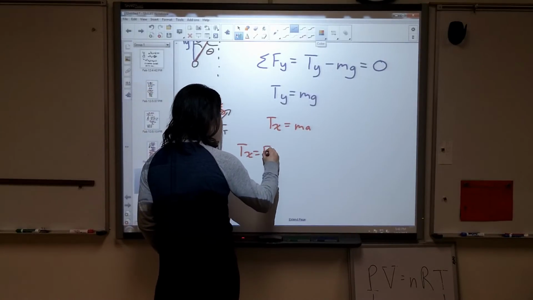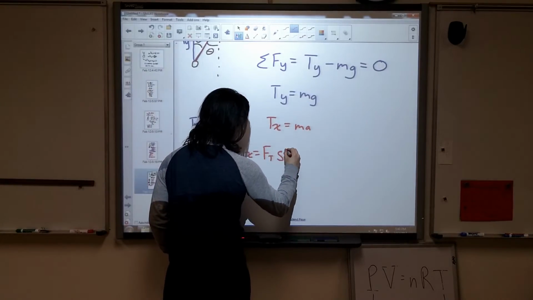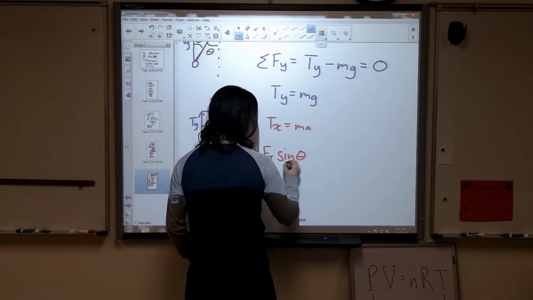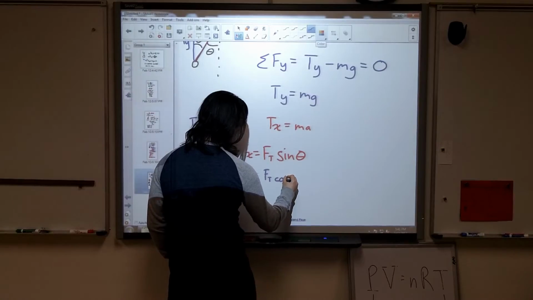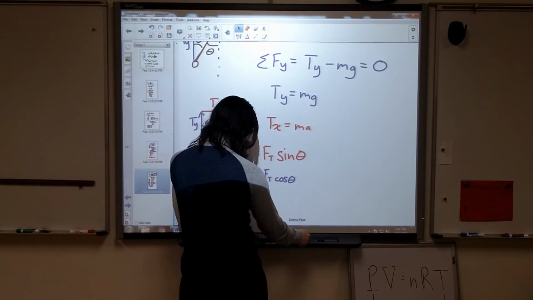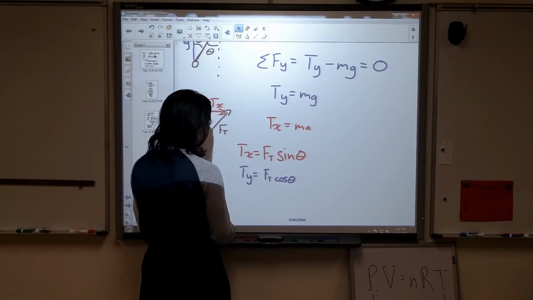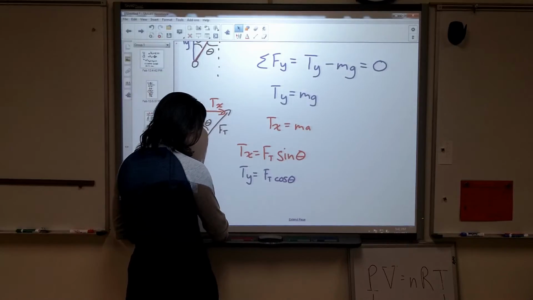Tx equals Ft times, opposite, sine theta, and Ty is equal to Ft cosine theta. Now I'm going to change them into what we need because I need to start getting some replacements in so I can get the acceleration by itself effectively.